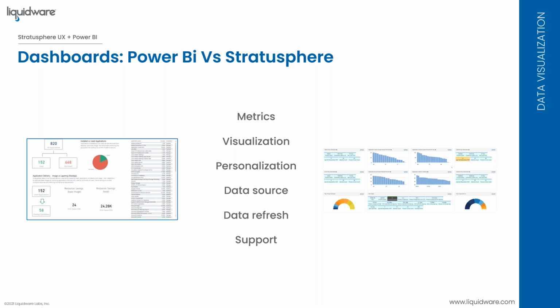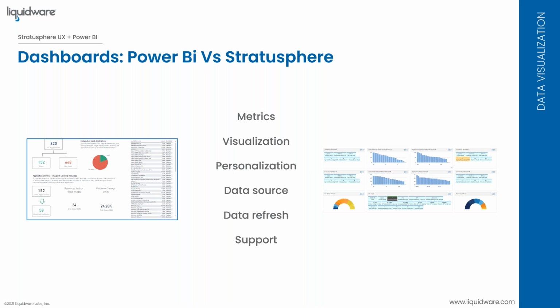One of the limitations of the Stratusphere dashboard is it doesn't have that Excel-type or Power BI-type capability to create indicators or to do A plus B. For example, if I wanted to create an indicator that shows CPU usage plus memory usage, and that comes up with a number, well, we can't do that in Stratusphere. We don't have the ability to create a new field out of the blue. That's something you can do in Power BI.